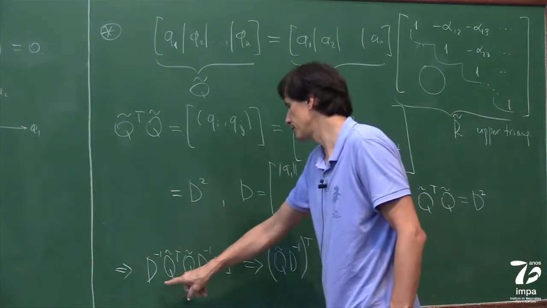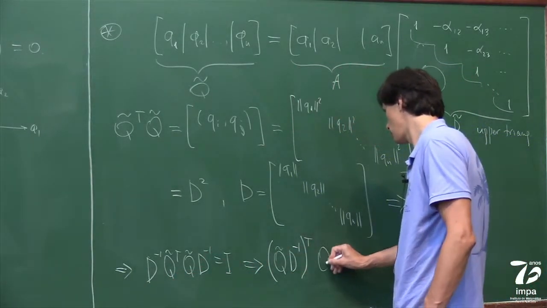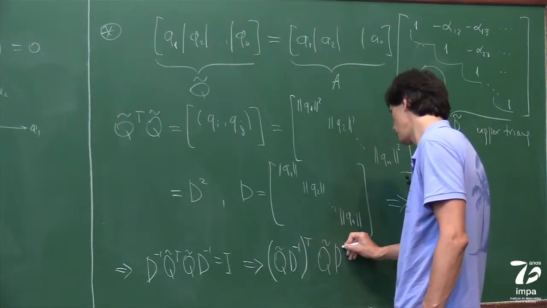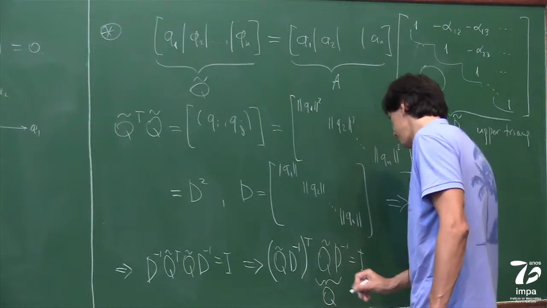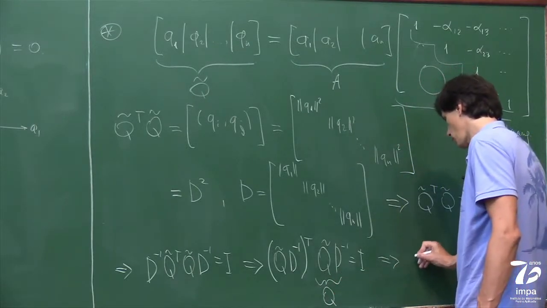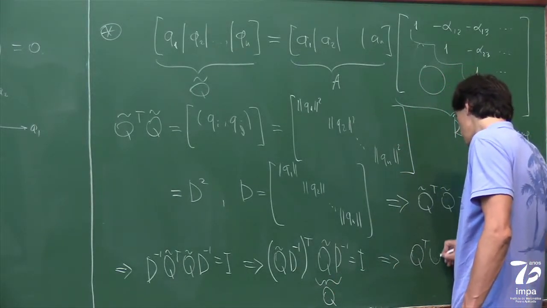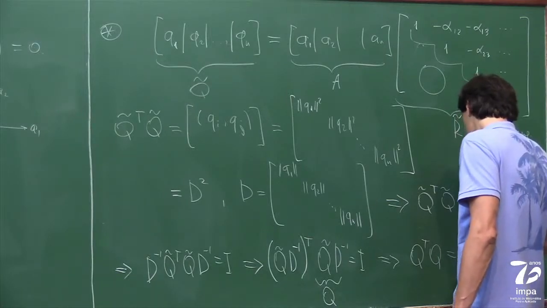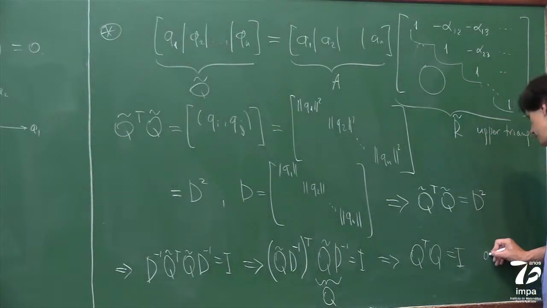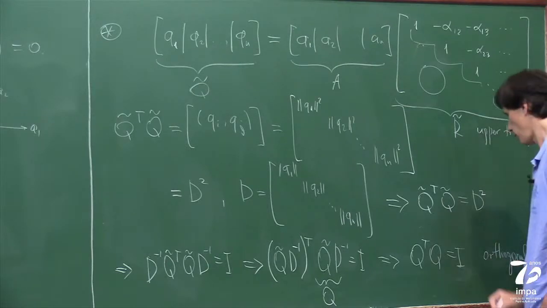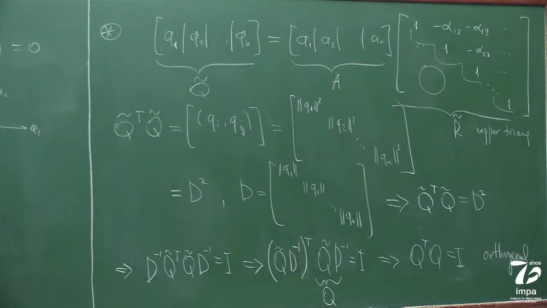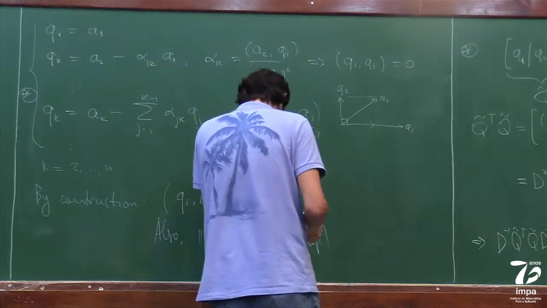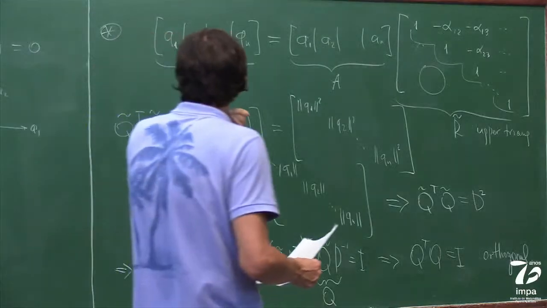So it will be D minus 1 Q transposed Q D minus 1 equal identity, and now we call this Q. So we found some matrix which is orthogonal. Okay, and now we will use it here.